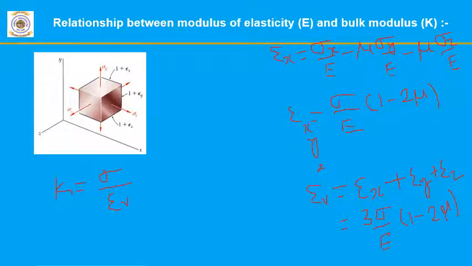After substituting the direct stress sigma and volumetric strain 3 times sigma by E into 1 minus 2 mu, and simplifying, we get Young's modulus E is equal to 3 times bulk modulus K into 1 minus 2 mu. So this is the relation between Young's modulus and bulk modulus capital K.